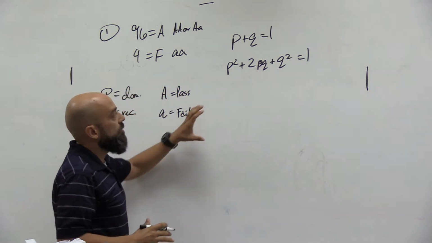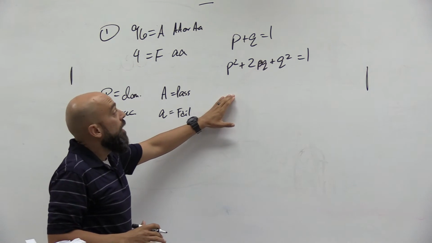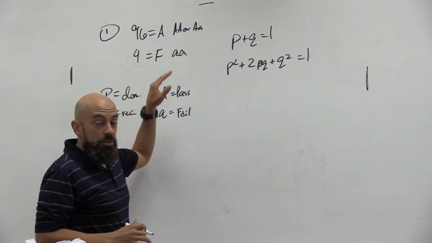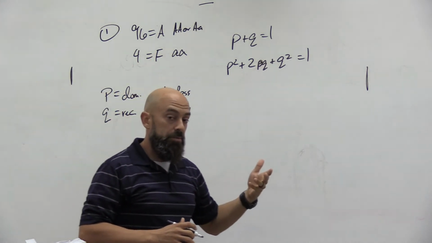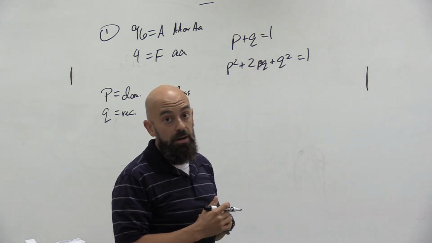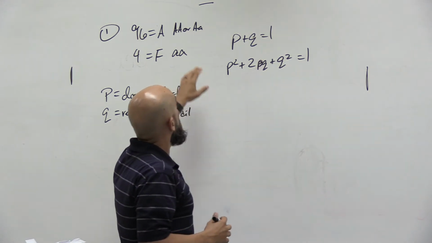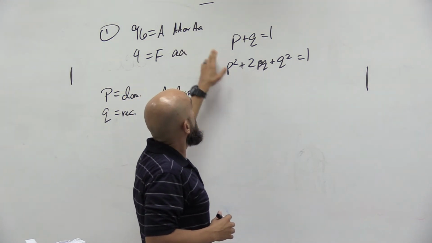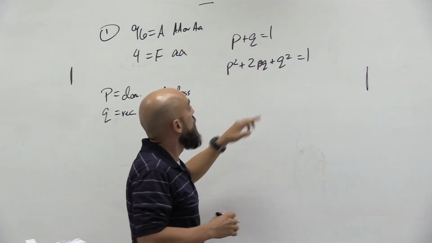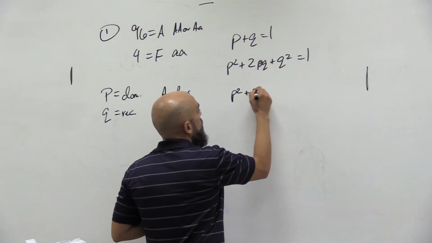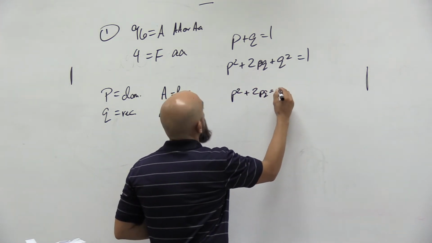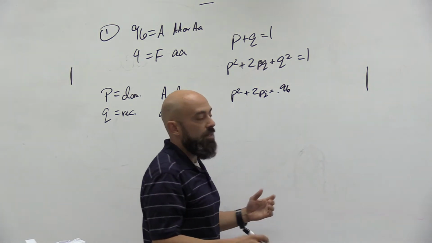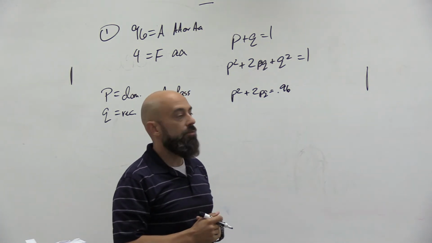Whenever you get started on these problems, as I told you in class, the dominant members are not going to be very much help because you don't know which genotype they are. I could write this equation: big A, big A is P squared, and big A, little a is 2PQ. So I could say that P squared plus 2PQ equals 0.96, or 96%, that's the frequency.